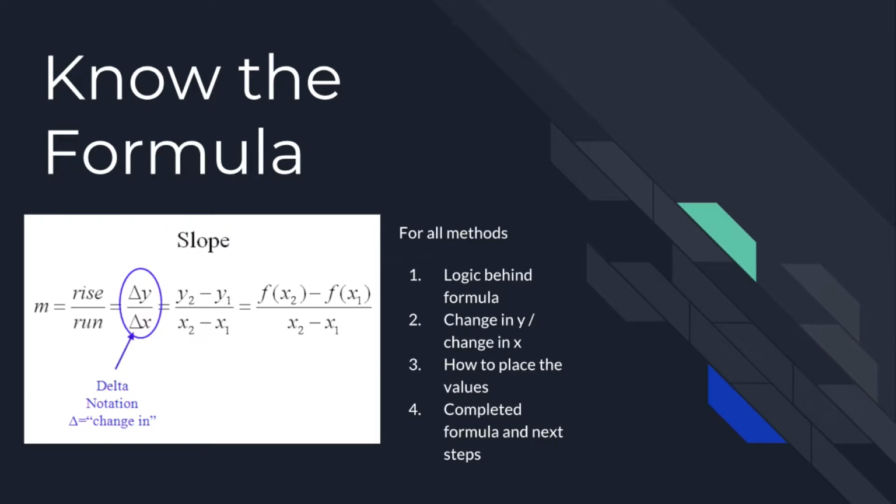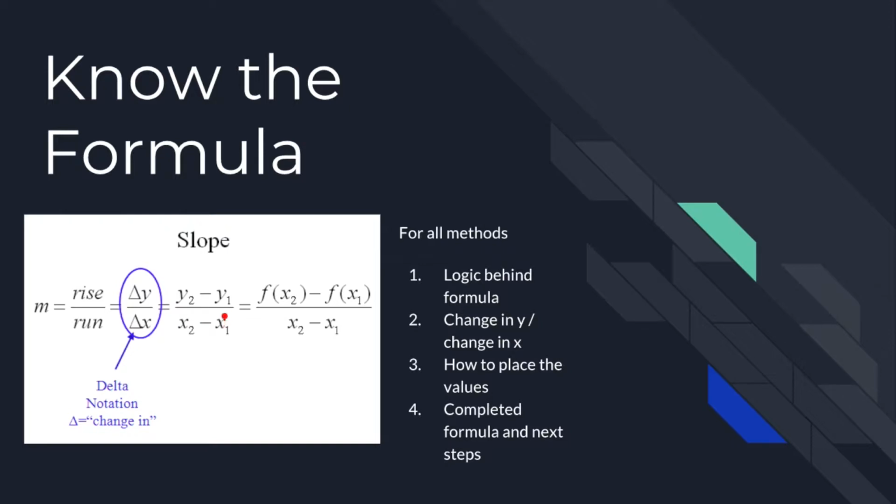So first of all, you want to know the formula. As we can see here, m equals rise over run, which turns into the change in y values divided by the change in x values of two specific points. As we are given the intervals when measuring average rate of change, we can subtract the two intervals here, the second interval minus the first interval.